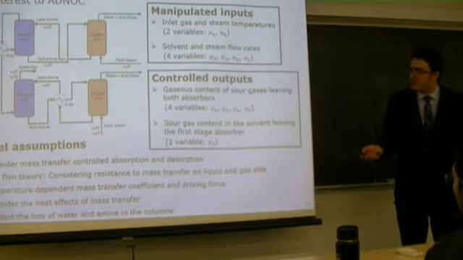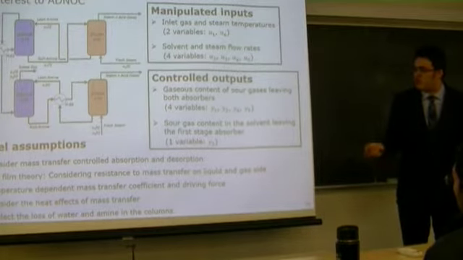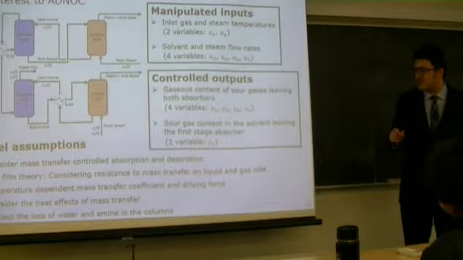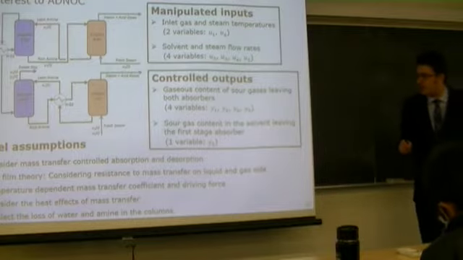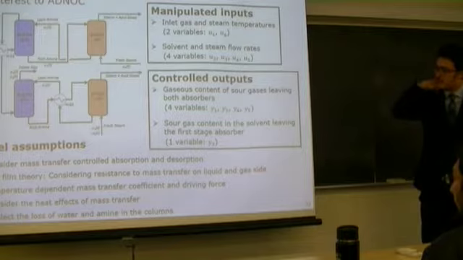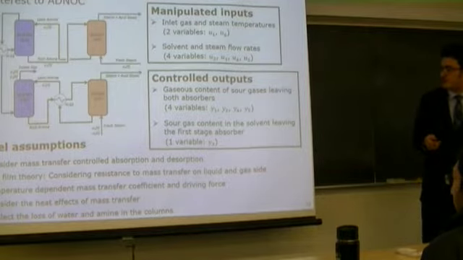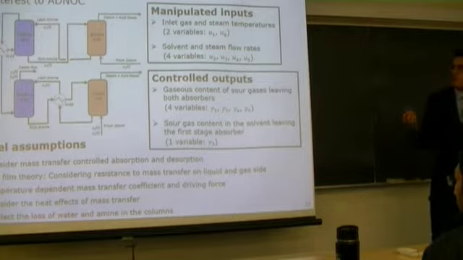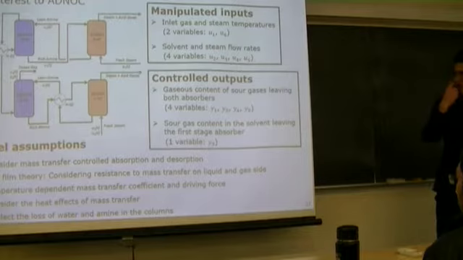To model the system, we consider mass transfer controlled absorption and desorption. We consider two-film theory by considering the resistance to mass transfer on both liquid and gas sides. We consider the temperature dependent mass transfer coefficient and driving force. We also consider the heat effect of the mass transfer to model the system more accurately, while neglecting the loss of water and amine in the columns.